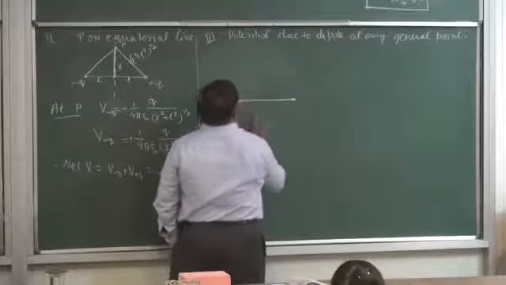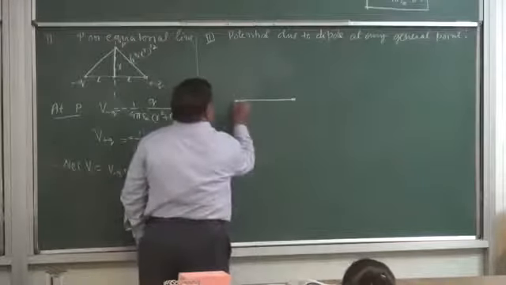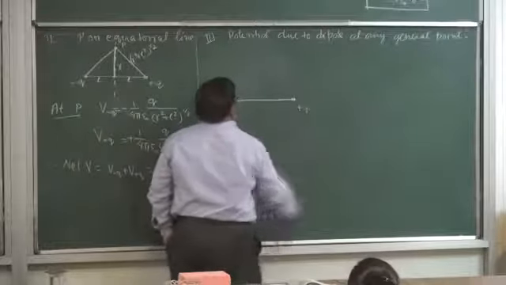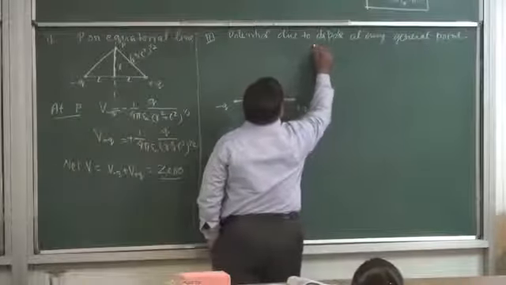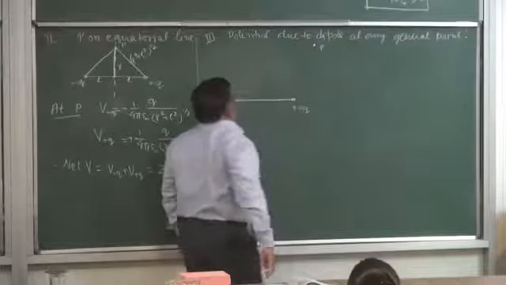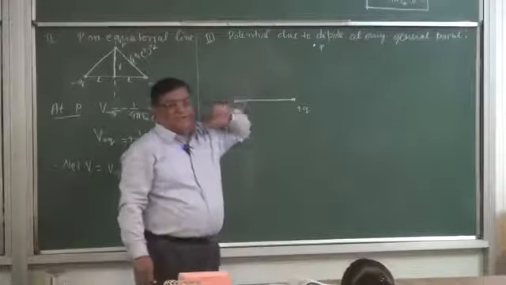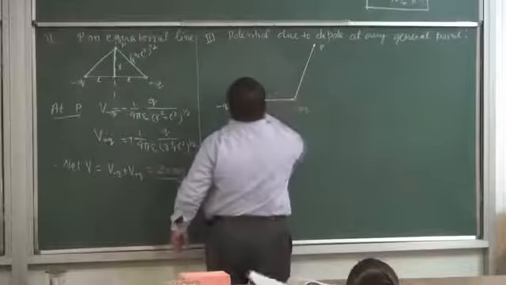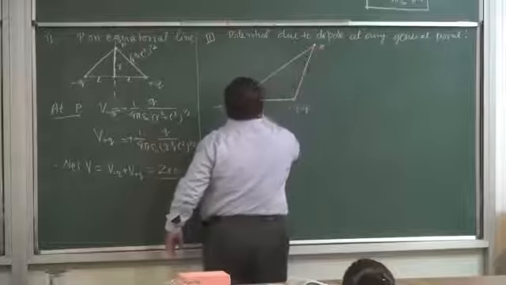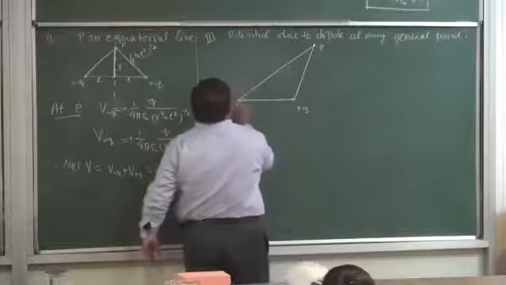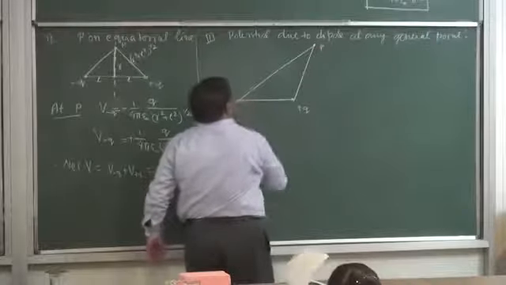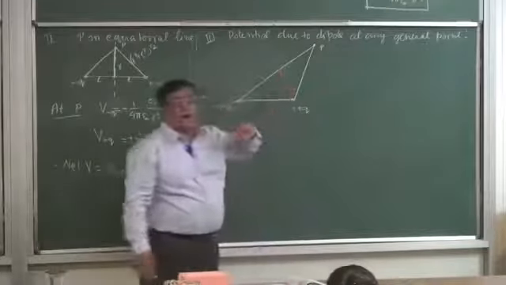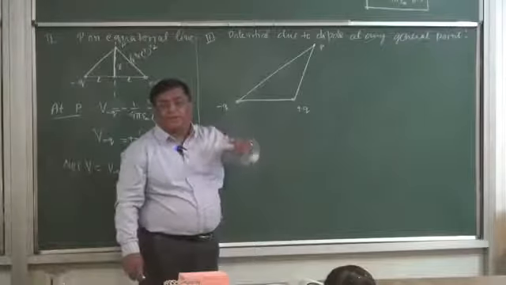Okay, we will make it a bit larger for sake of calculation. Here is any general point P. We have to find out potential there. So we join it with plus Q and we join it with minus Q. The distance of P is R from dipole.